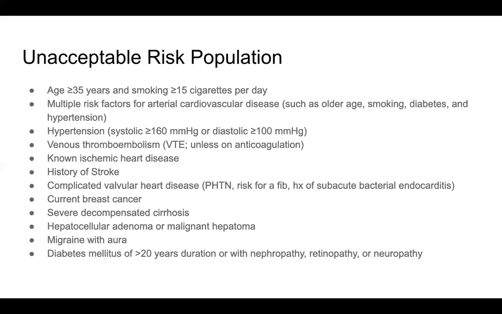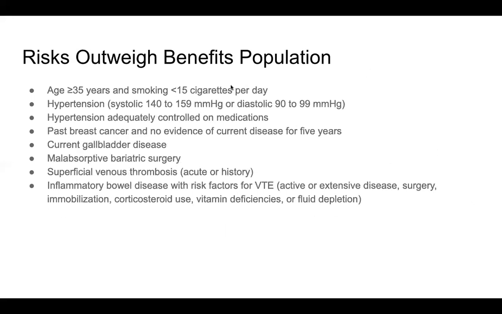So on the next slide, we have the higher risk population, where the risk can potentially outweigh the benefit. You have over 35 and smoking less than 15 cigarettes per day, high blood pressure but not in the 160s over 100s, high blood pressure that's adequately controlled on medication, past breast cancer with no evidence of current disease for at least 5 years, current gallbladder disease, malabsorptive bariatric surgery, superficial venous thrombus, or inflammatory bowel disease with risk factors for VTE.